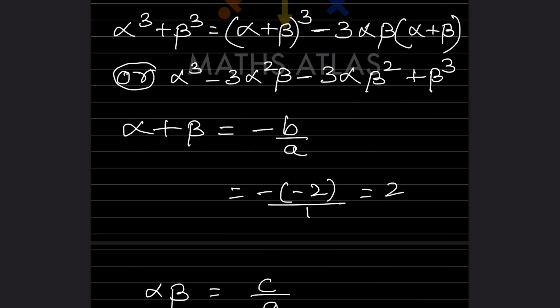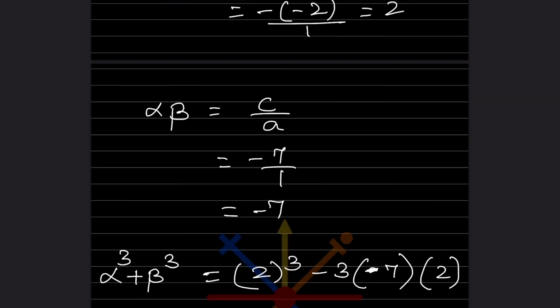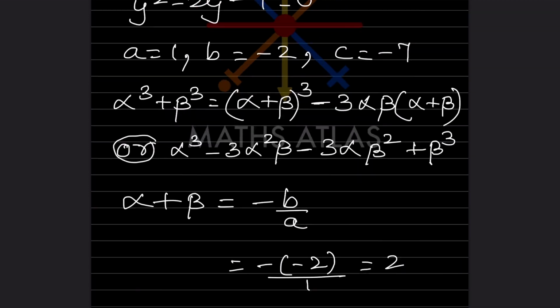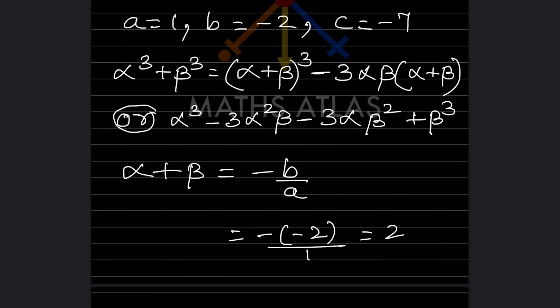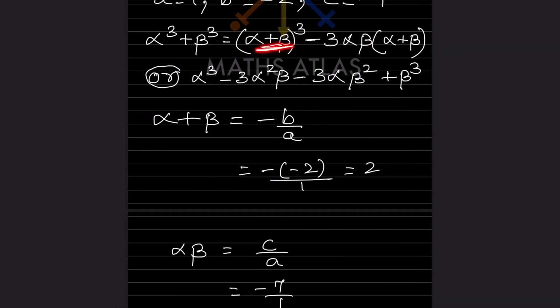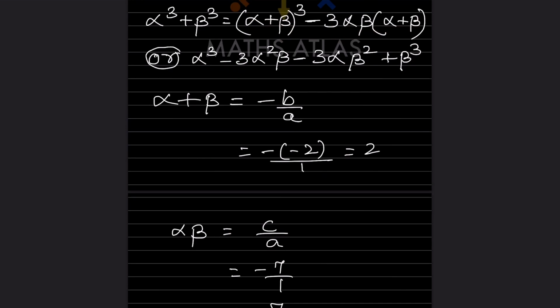So now we want the value of alpha cube plus beta cube. So that is, we already wrote the formula, that is alpha plus beta cube minus 3 alpha beta into alpha plus beta.